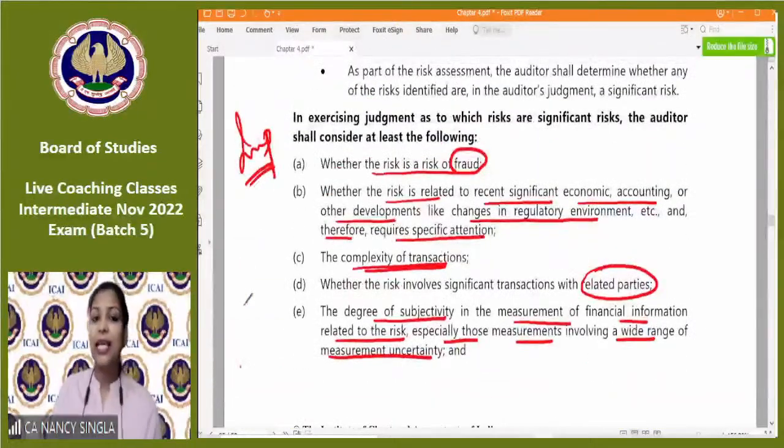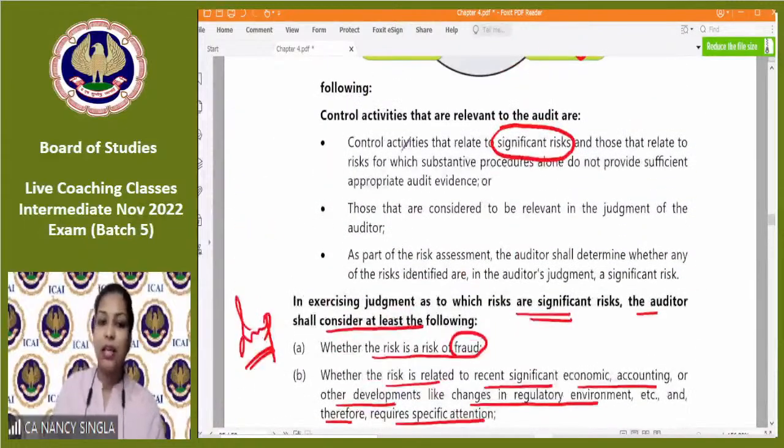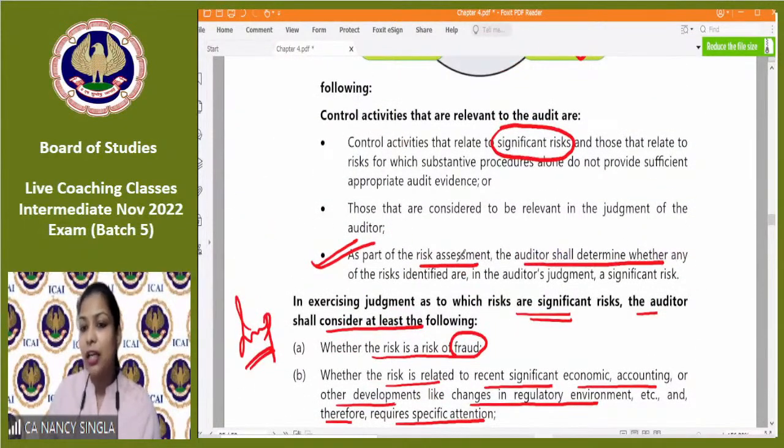When he is exercising his judgment as to which risks are significant risks, the auditor shall consider at least the following factors. See, it is mentioned here. As part of risk assessment, the auditor shall determine whether any risk identified is, in the auditor's judgment, a significant risk.